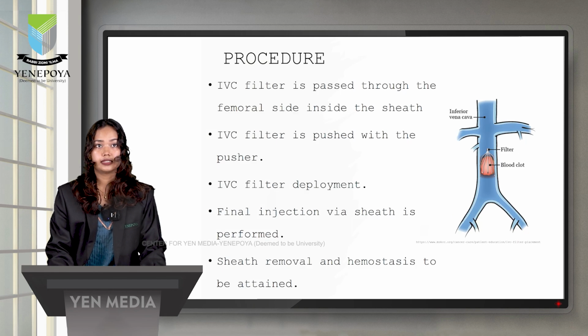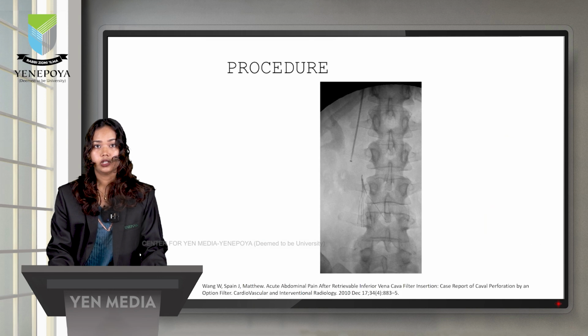Then the IVC filter is advanced through the sheath and placed appropriately. We have something known as a pusher in the IVC filter system, which helps in advancing the filter. Once the position is accurate, the IVC filter is deployed and a final injection is performed. Then the sheath is removed and hemostasis is achieved. This is a figure which shows the post implantation of an IVC filter.